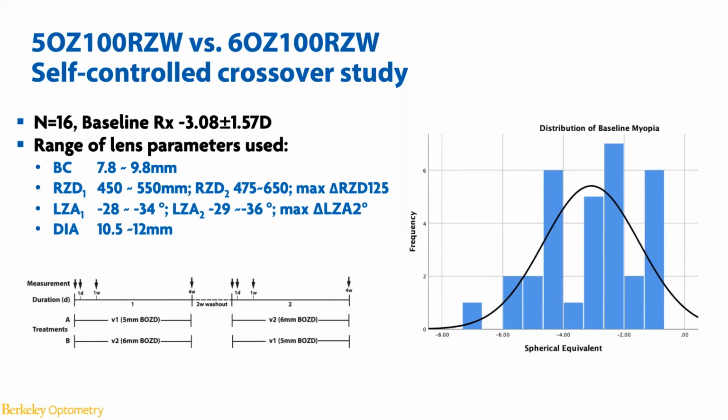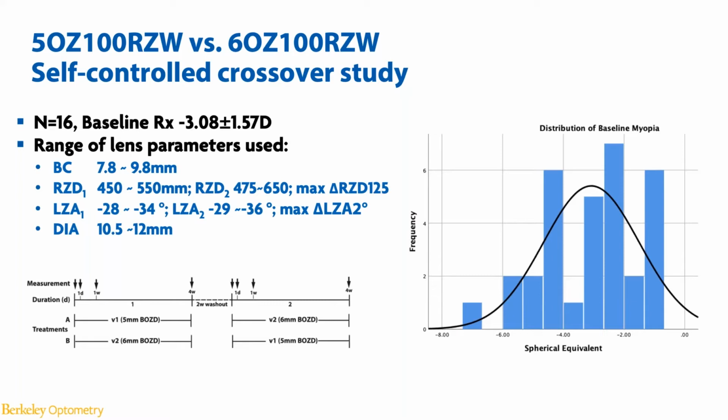So for this study, even though it's still a pretty small study, we have 32 eyes of 16 subjects enrolled in the study with a baseline level of myopia of slightly over -3. And here I'm also listing the range of the lens parameters we have used.